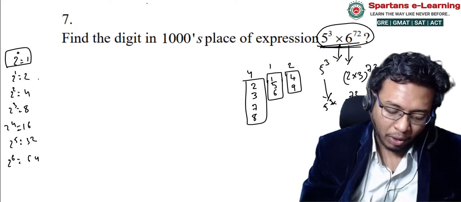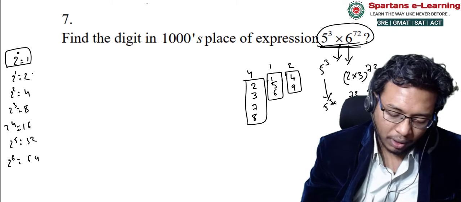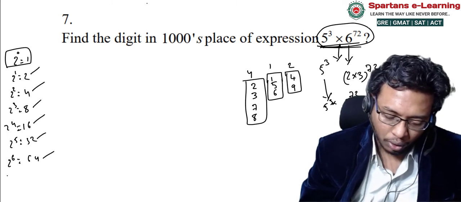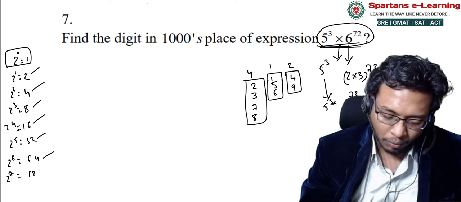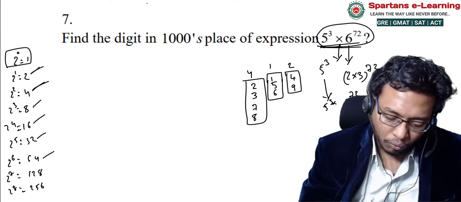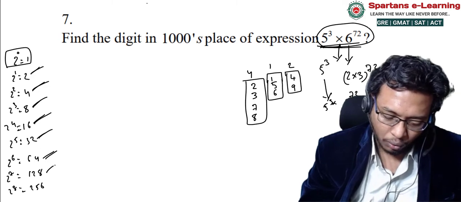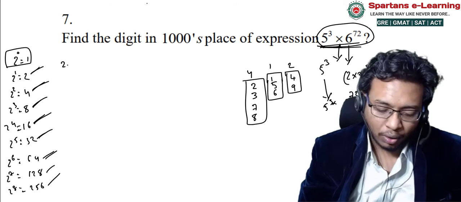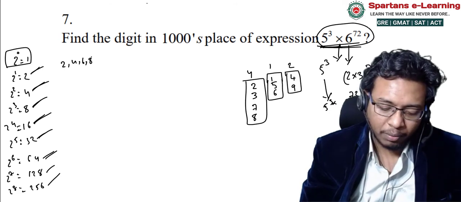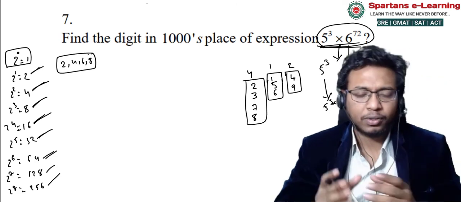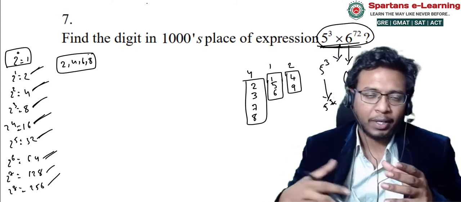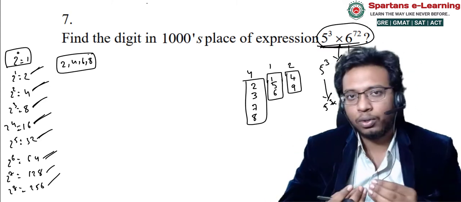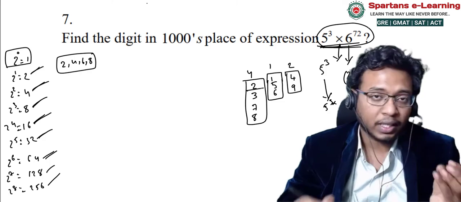Now 2 power 7 will be 128, 2 power 8 will be 256. See here, 2 4 8 6, 2 4 8 6. That means for 2 power anything, the last digits 2, 4, 8, 6 will be repeating again and again. That's why I told you for the number 2 the cyclicity will be 4.